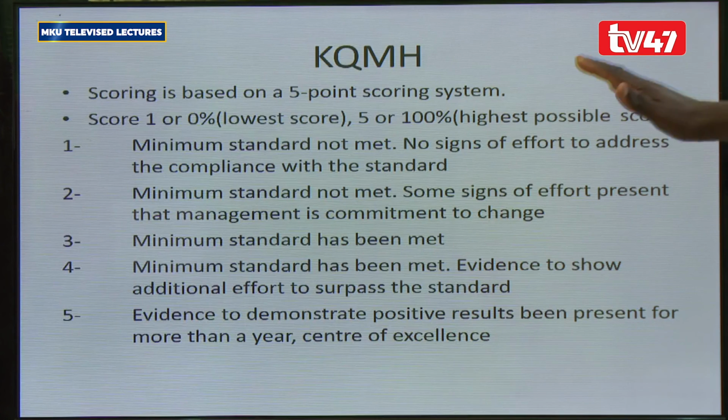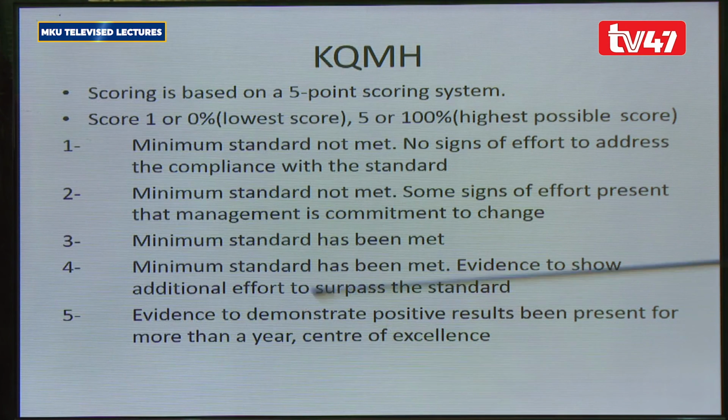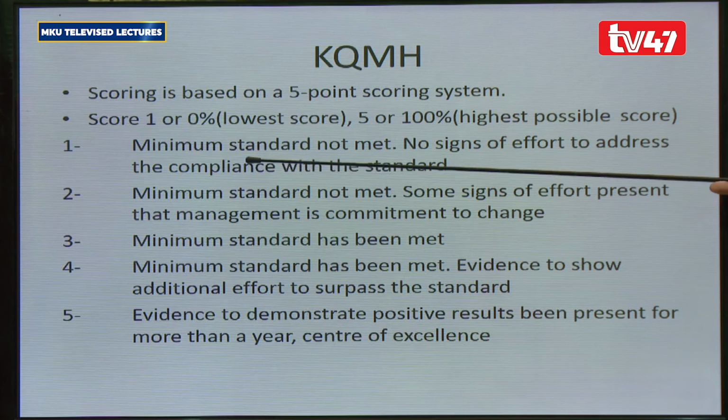And this is the scoring we have in the Kenya Quality Model for Health. When we are assessing whether you have met the standards, we give you 1 mark if you have done nothing to set the standard we require.